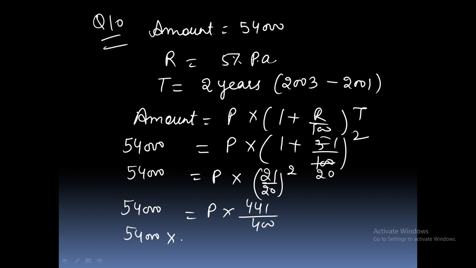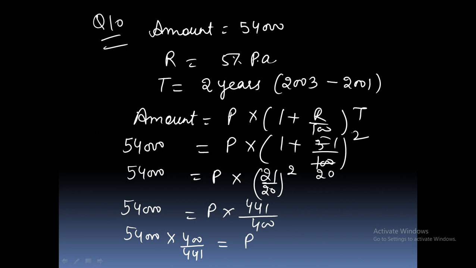So P is 54,000 multiply 400 by 441, because in multiplication when we take a value from left to right, we have to change the operation, so that's why it will be reversed.